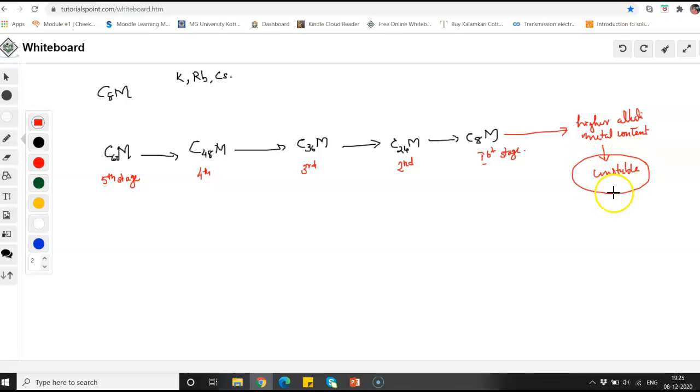The unstable nature of the higher alkali metal containing intercalation compounds is due to the high electrostatic repulsion between each layer of alkali metals. This first stage intercalation compound, C8M, formed by potassium, rubidium and cesium, has an ionic structure.